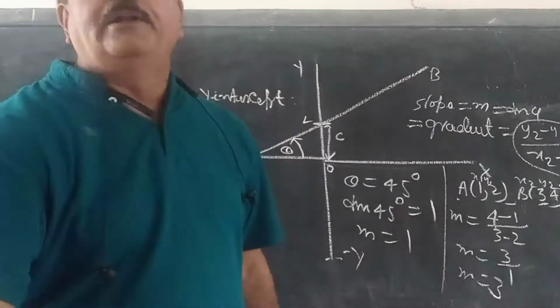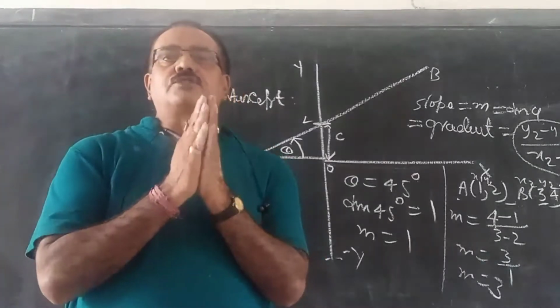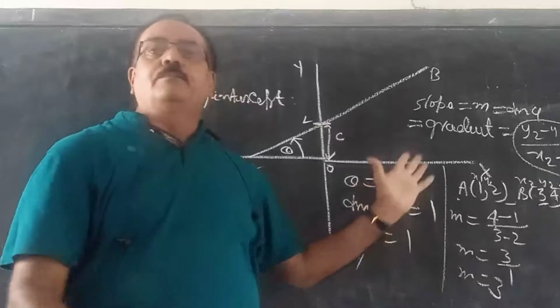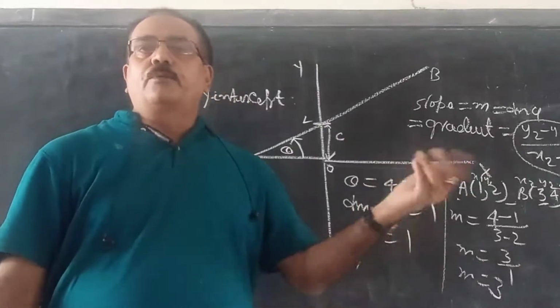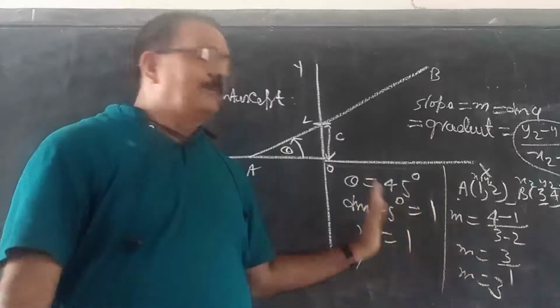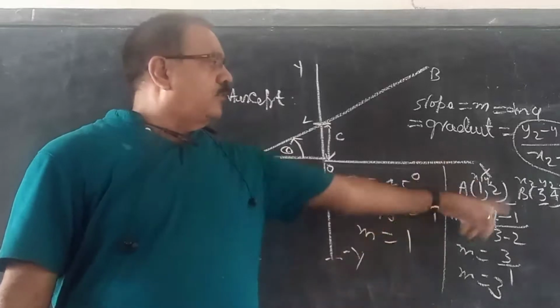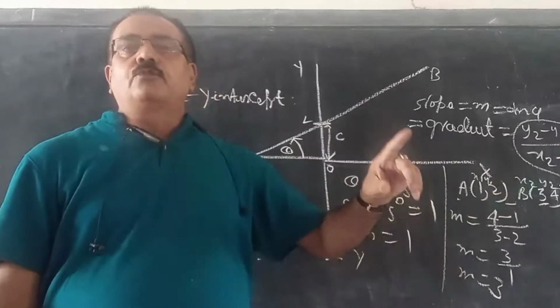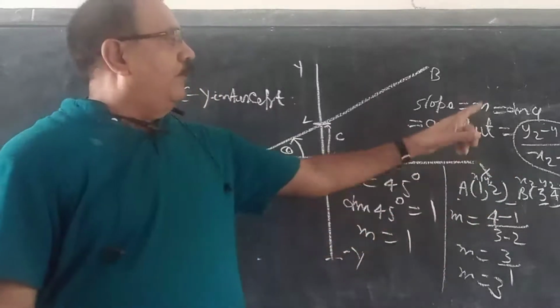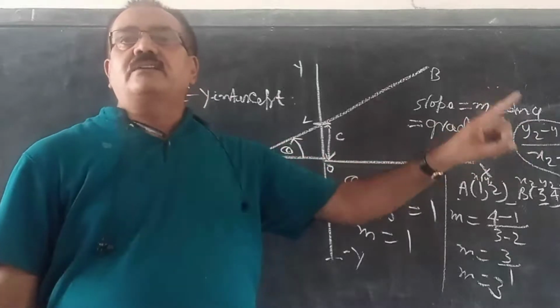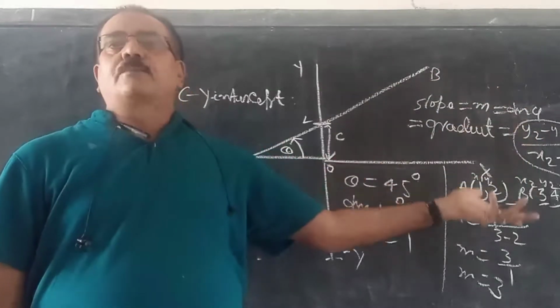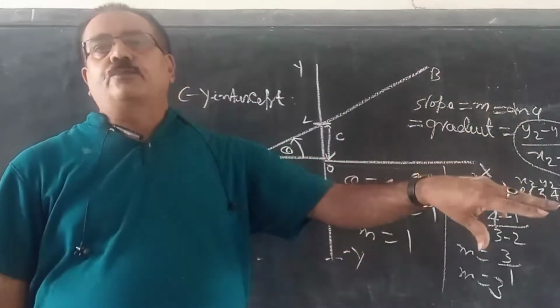So this form we will use to find the slope. When theta is given, we will use tan theta and put the value of the angle, that will be the slope. When two coordinates are given, then to find the slope we will use y2 minus y1 by x2 minus x1. Suppose anyone x1, y1, anyone x2, y2.